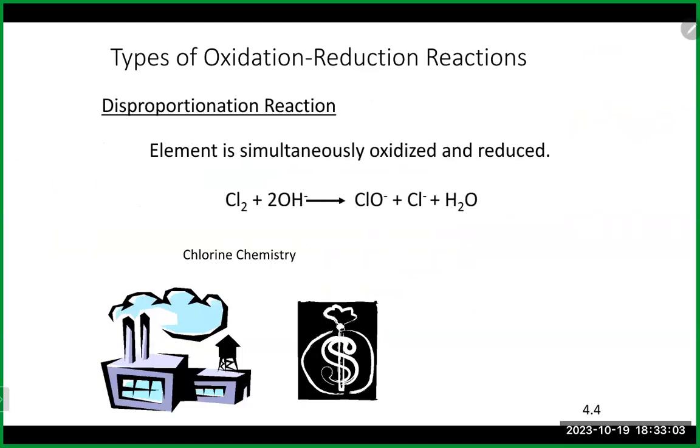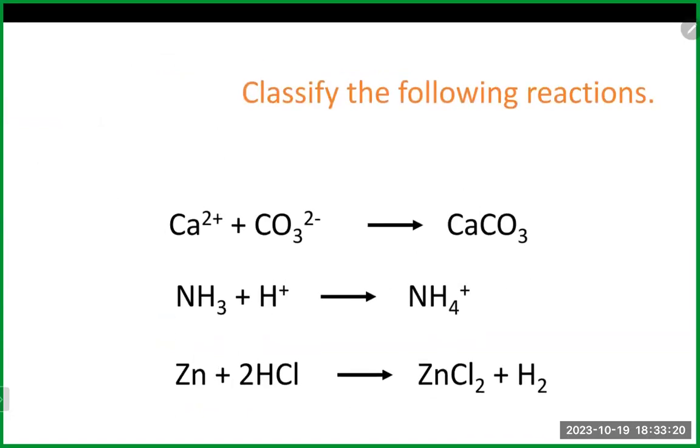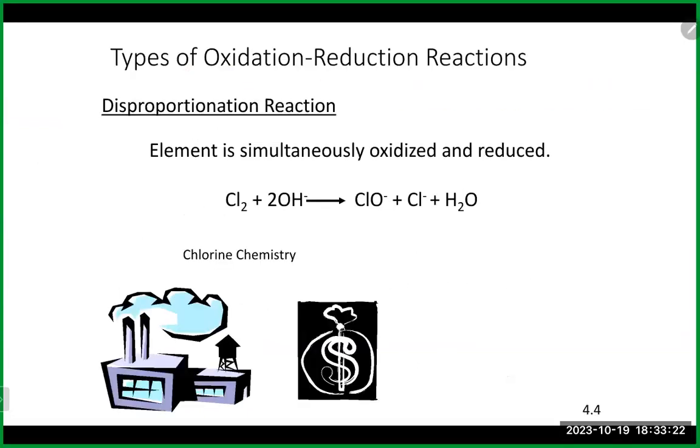Lastly here, it is possible that the same element can be both oxidized and reduced at the same time in the same reaction. Is sometimes referred to as a disproportionation reaction. Happens a lot with chlorine. And if we look at this particular reaction here, we look at the chlorine on the left there, that is a 0 oxidation state.